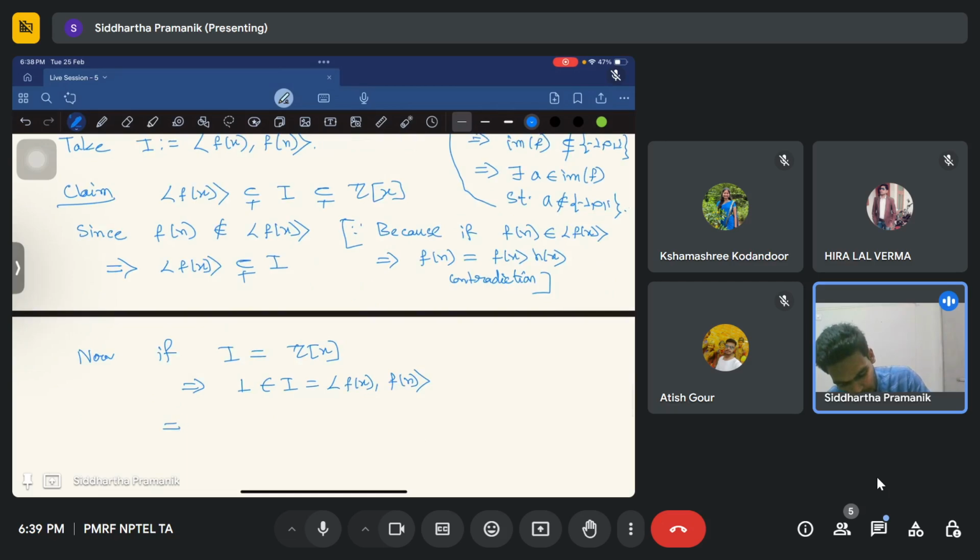So that means 1 equals f(x) times some g(x) plus f(n) times some, let's say, h(x), for some g(x) and h(x) in Z[x].